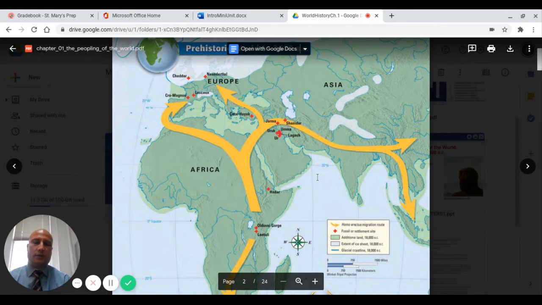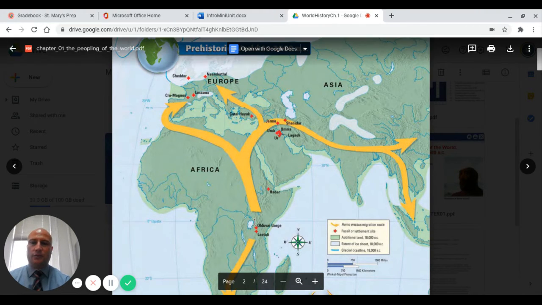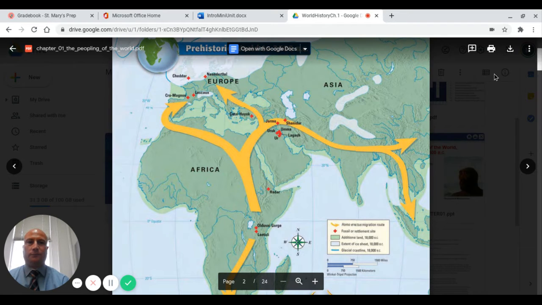We know through study of ancient artifacts and bones and fossils and things of that nature that human life began in Africa, here in the central portion of Africa, and then people migrated outward into Europe, into Asia, and elsewhere. So just by taking a quick preview of the chapter, we can get a basic understanding of some of the key ideas that will be covered.